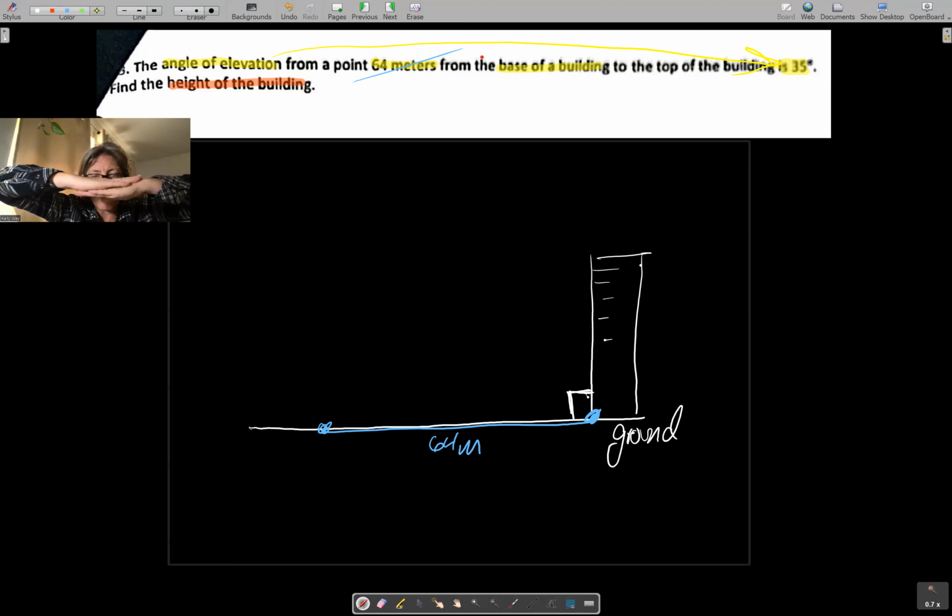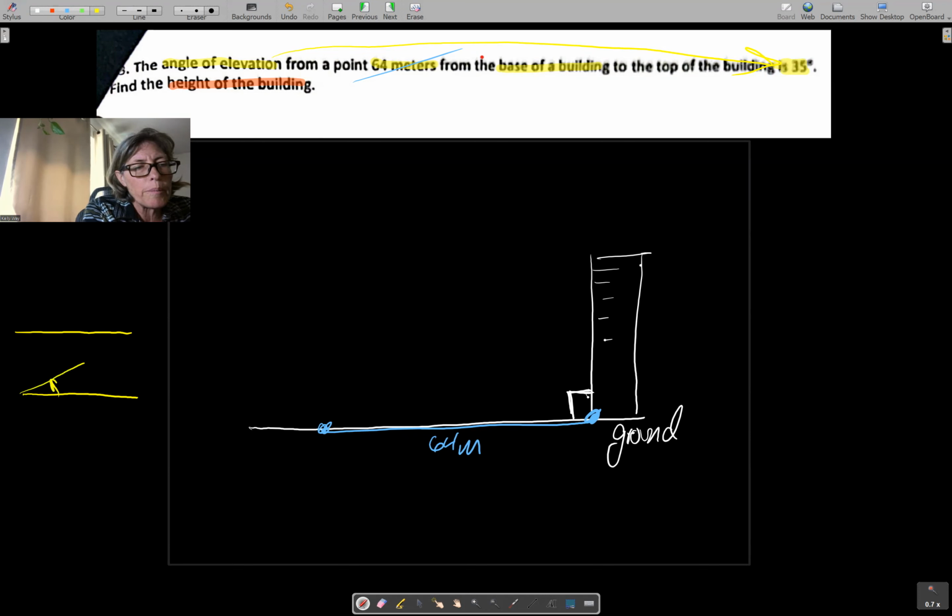Angle of elevation, horizontal, up. Angle of depression starts also at a horizontal and goes down. Depression, horizontal, depress. So the main trick, if you will, an angle of elevation starts at a horizontal and goes upward. An angle of depression starts at a horizontal and goes downward.